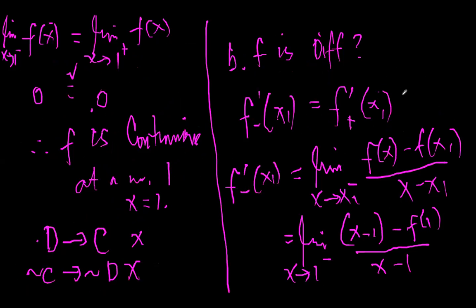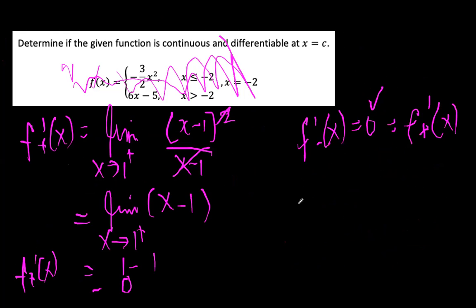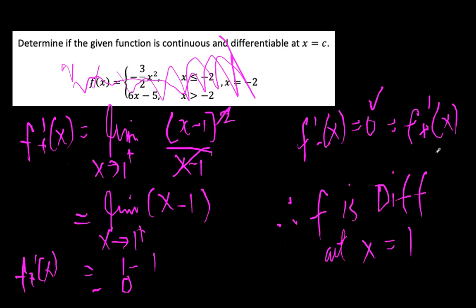Therefore, it satisfies the given condition for the function f to be differentiable at a certain value of x, which is equal to 1. Okay, so therefore, we can now say that f is differentiable at x is equal to 1.